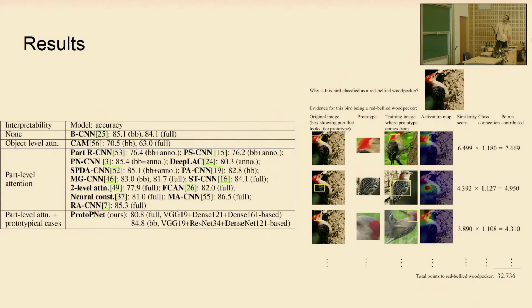But if they run their method, they obtained very similar results. So the results were less than 1% worse than the state-of-the-art method trained for the CUB data set.